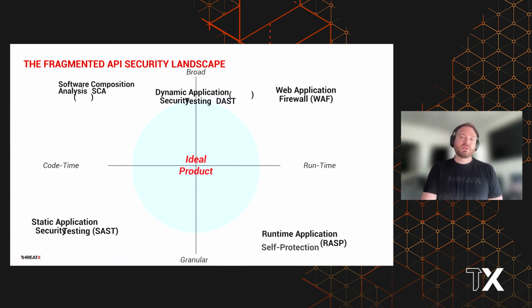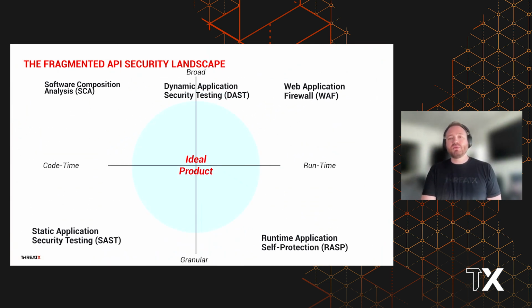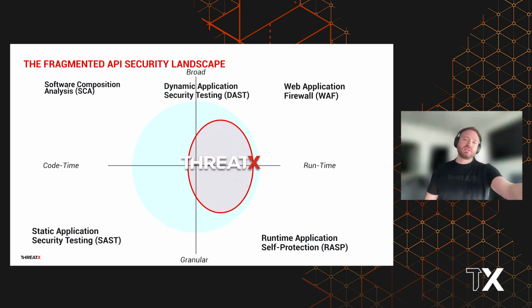And at ThreatX, what we're setting out to do is really change the world for API security by thinking of the product landscape from code time to runtime, from broad coverage to granular coverage, and really trying to nail a gap in the middle that brings together the testing side with the real-time runtime side to be able to see not only emerging threats in your APIs, but be able to stop attacks at the end of the day in real time.